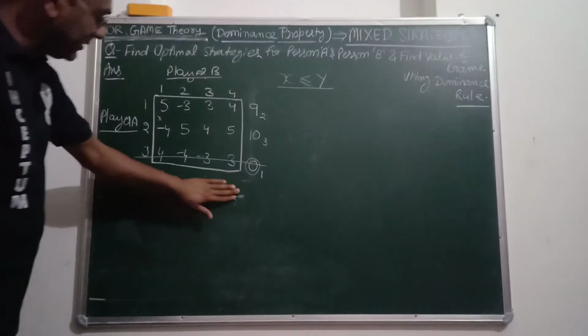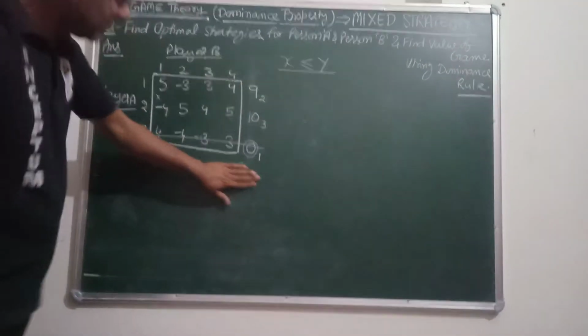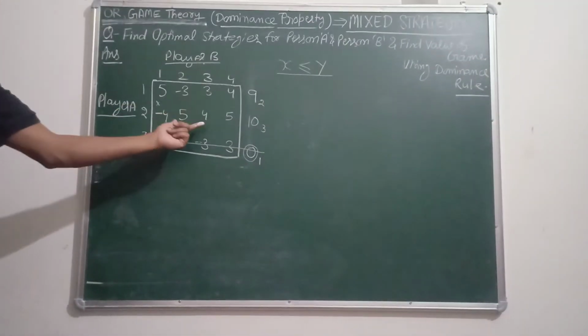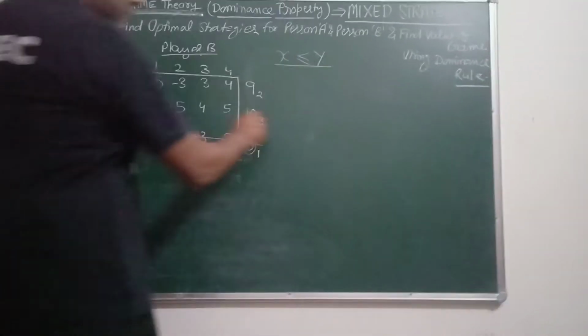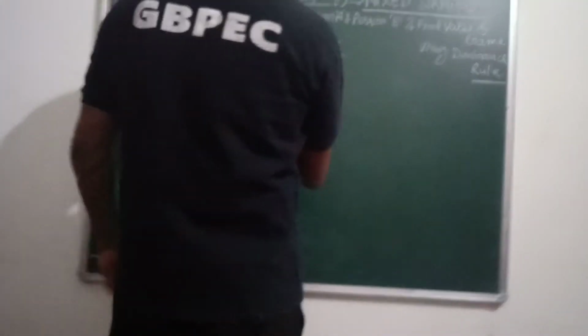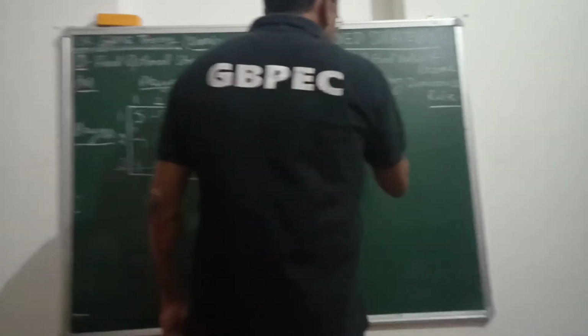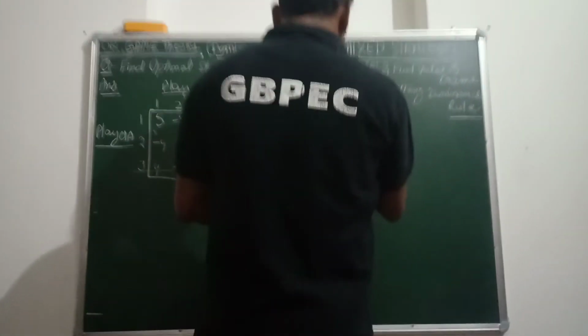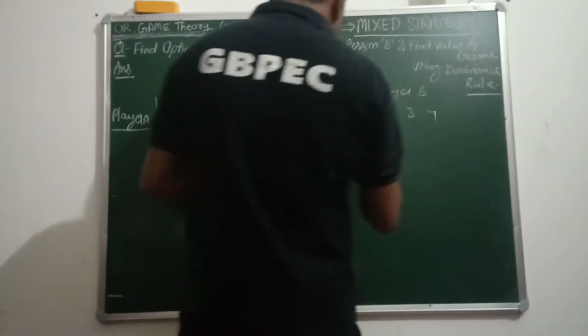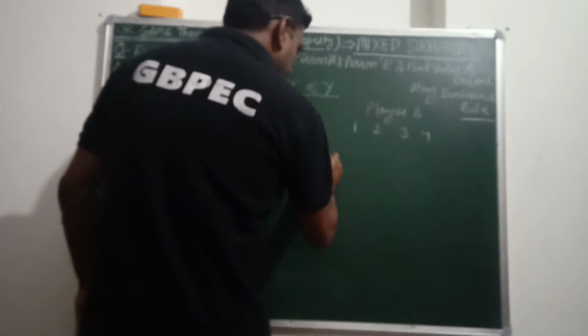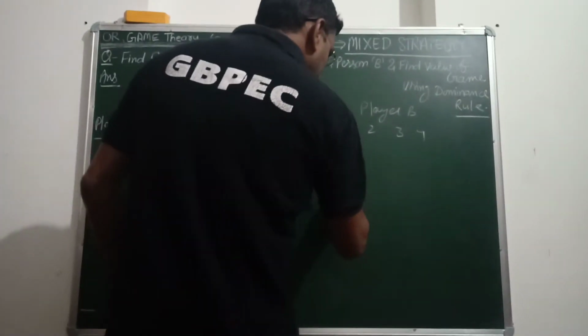So we can't use these values. We have to again write this payoff matrix as elements. We have eliminated row 3. So after eliminating this row 3, we have a new payoff matrix, that is player B with B1, B2, B3, B4, and this is player A. He will now use only two strategies.